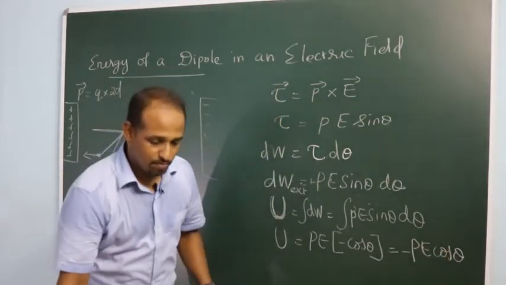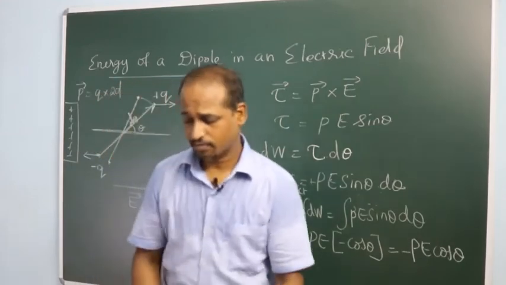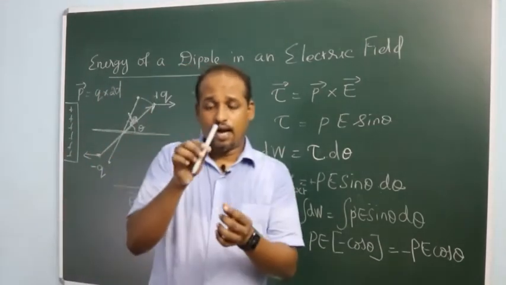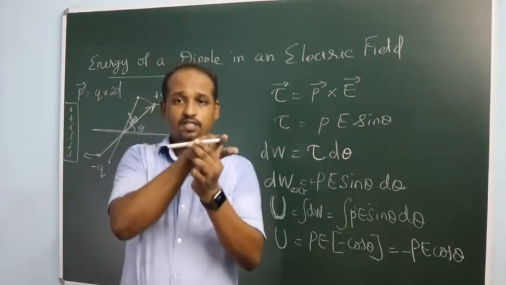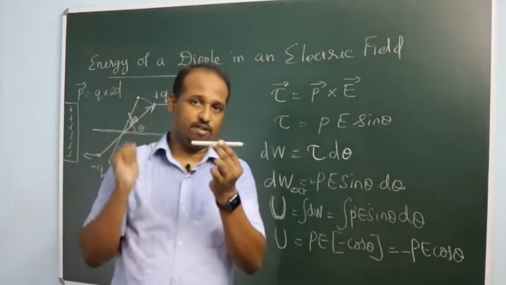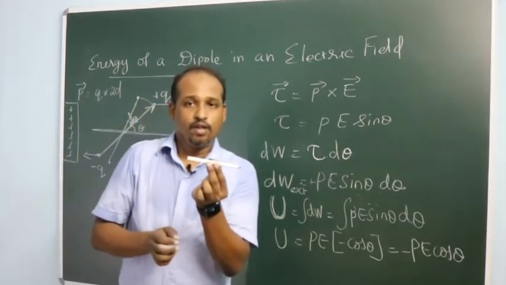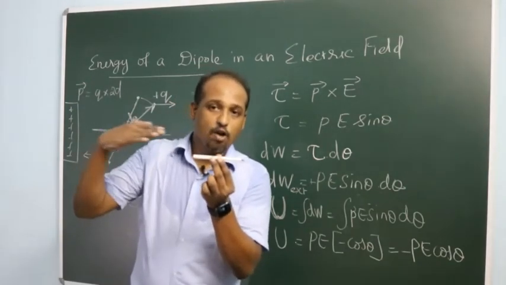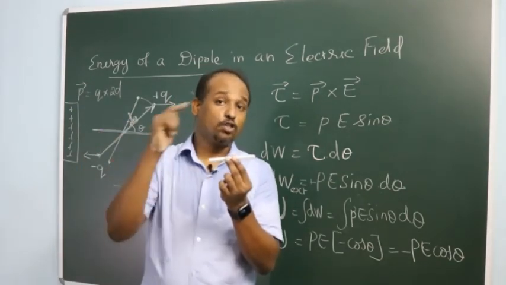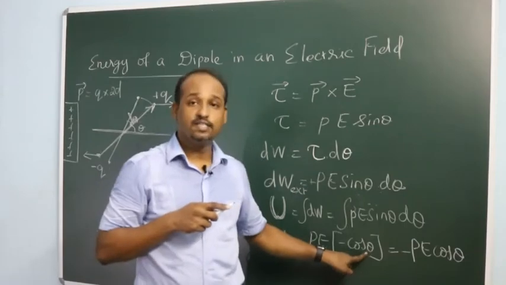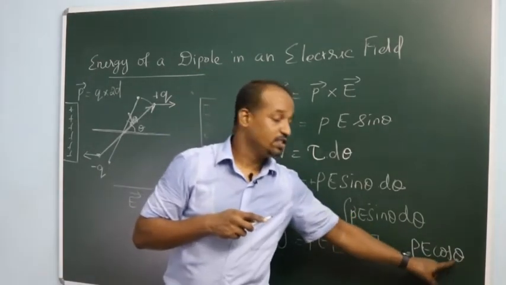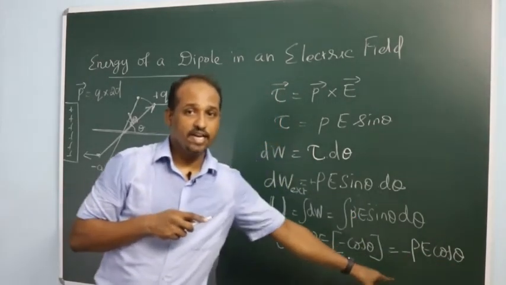Please try to understand this. If there is a dipole with negative charge and positive charge, the dipole moment points from negative to positive charge. If the dipole is along the direction of the electric field, theta is 0, cos 0 is 1, and energy is minus PE.